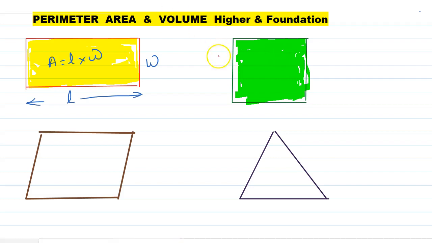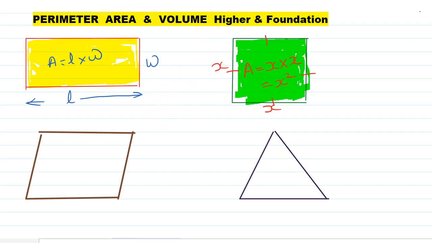If this side is x, then this is also x. This small red line means all 4 sides are equal. Here area is again length times width, so length is x, width is x, so x times x, or you can say it is x squared.